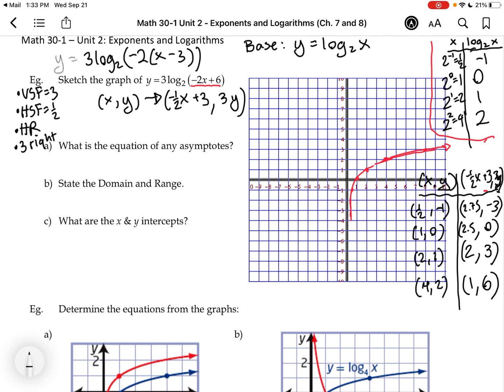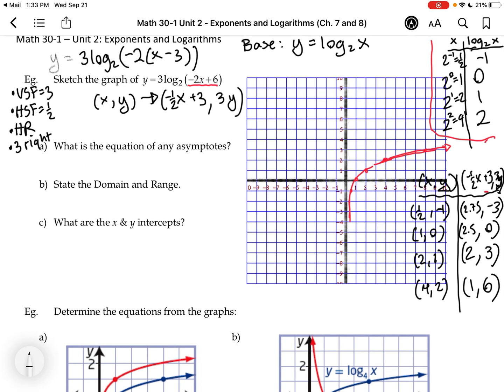Okay, so I am now going to plot these points. So I'll start with (2.75, negative 3). So that's about here. Okay, and then the next one is (2.5, 0). That's there. (2, 3). That is there. And then (1, 6) is there.